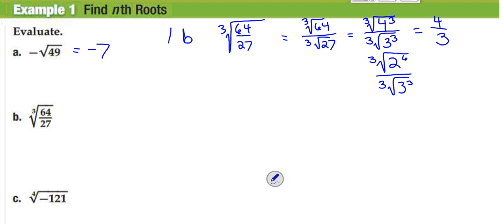I want you to process that in your mind because I think this is 2 squared over 3. It's still the same answer. Figure out how I'm getting that on this bottom one because you know the answer. What am I doing? What can I do you think? If I write the prime factorization of this, how can I use that index and that power to get that?